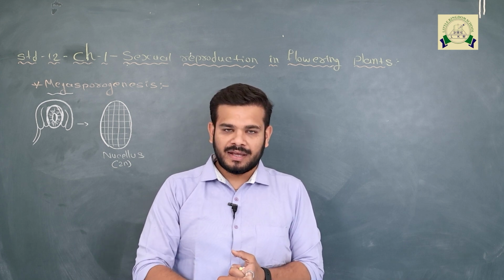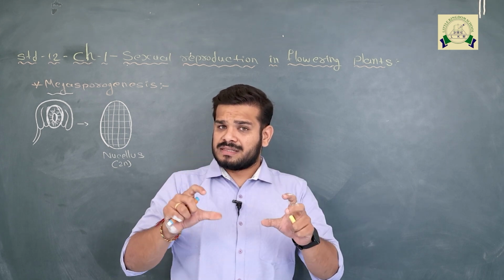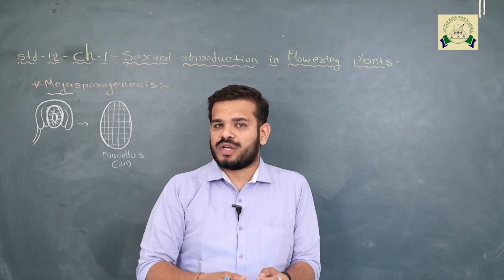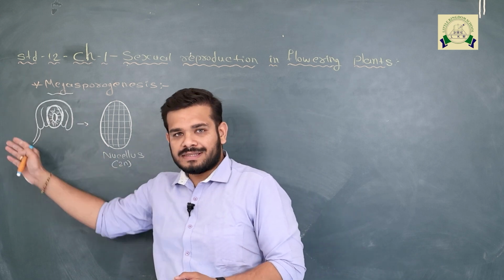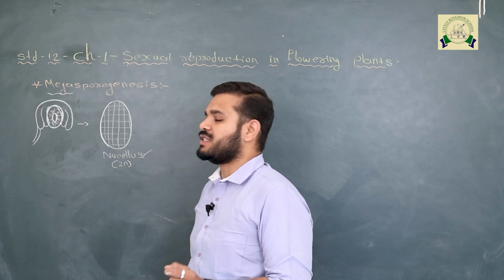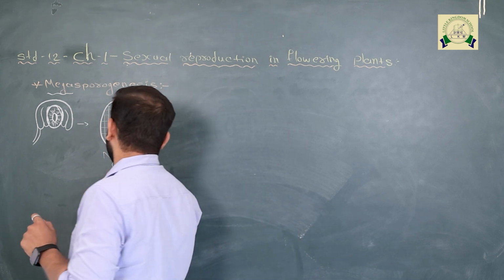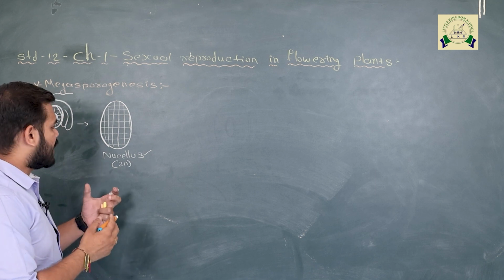The structure inside the ovary is also diploid. The whole ovule is diploid, and if the ovule is diploid, the tissue of the ovule, the nucellus, is also diploid. Clear? So each and every cell of the nucellus is diploid.